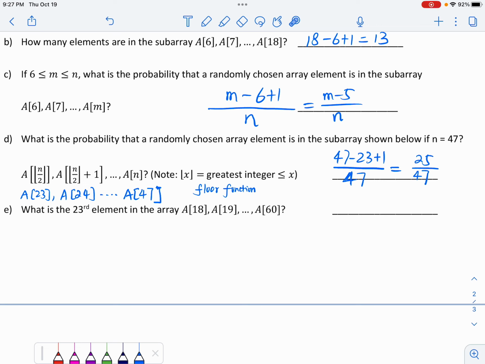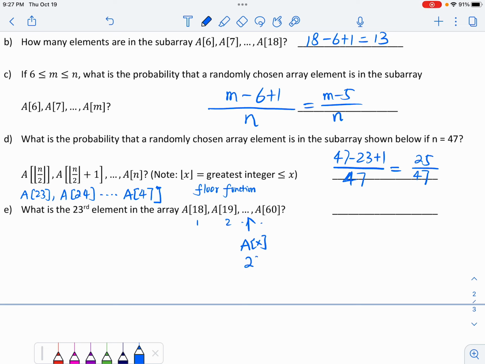Let's look at the very last example. What is the 23rd element in this array? I certainly do not want you to count 1, 2, 3, and so on and so forth. Find the 23rd one, right? So let's call x the 23rd one, so a of x.